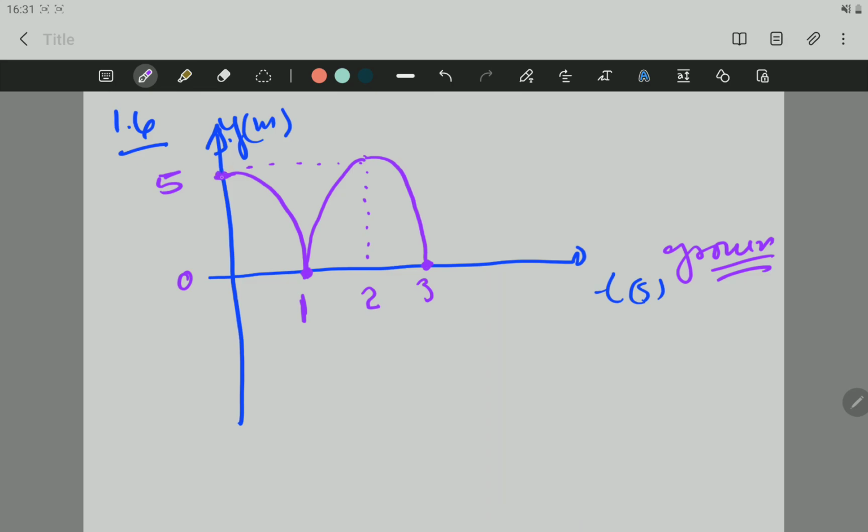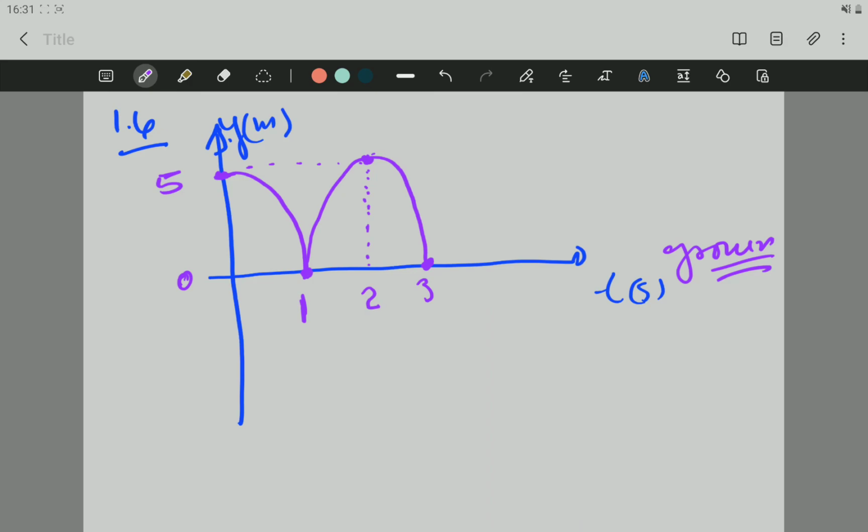If it's dropped from 5, goes to the ground, which is at 0 level, in 1 second, goes to the height again of 5 meters, which is the maximum height, and turns back to the ground and hits the ground for the second time. Remember, this is not showing the whole entire motion, only up to the second time the ball hits the ground.